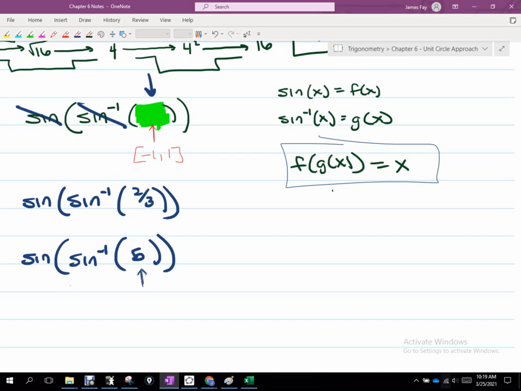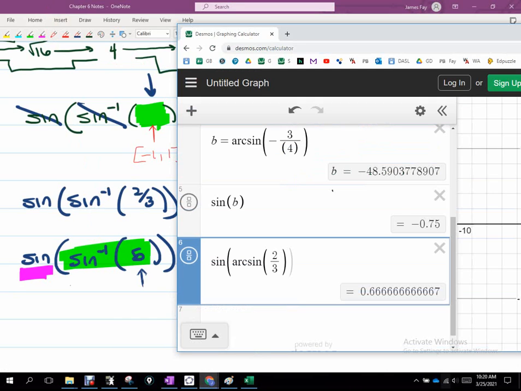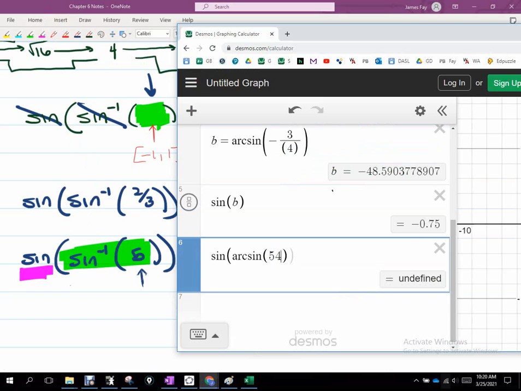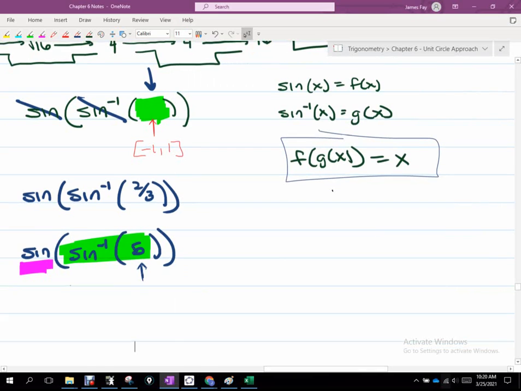So the sine inverse, I can't use numbers to the right of 1 or to the left of -1. So what my calculator is going to say, or what it's going to know, is this is an undefined amount. Okay? Which means that it ultimately doesn't exist. So then there is absolutely no way that it's going to be able to take the sine of something that it doesn't know. Does that make sense? Okay? So if you type that in, you can see that it provides undefined. Okay? Anything outside 1, -1 will do that.